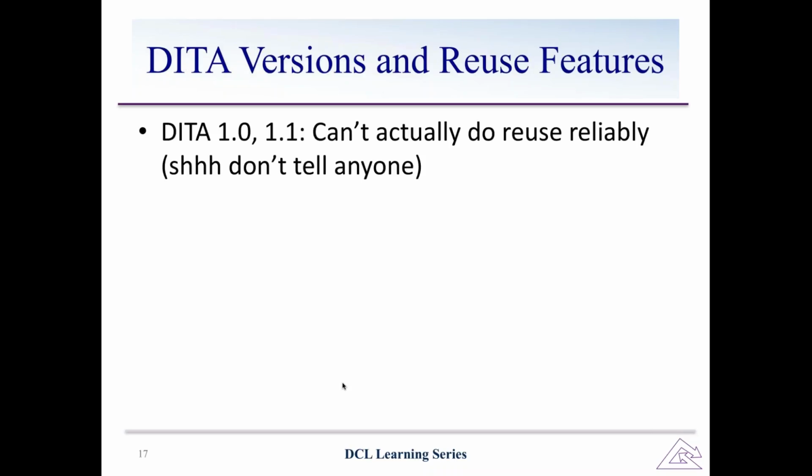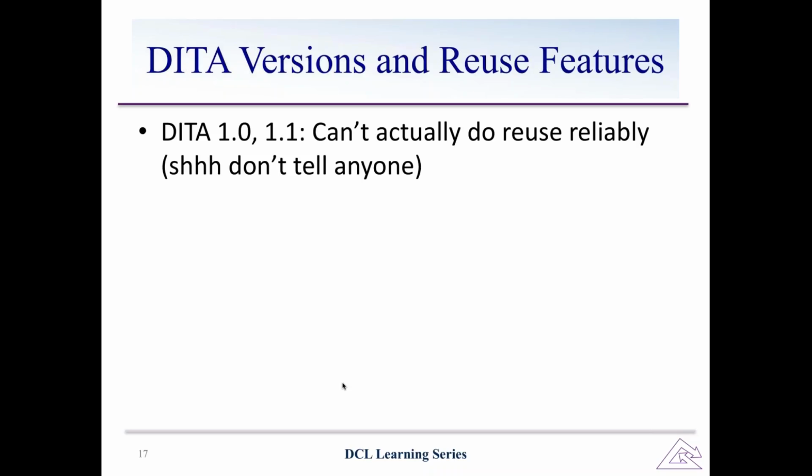So in DITA 1.0 and DITA 1.1, you can't actually do reuse reliably. And here, by reliably, I mean if the same topic is used twice, either in the same publication or in two different publications, and you want to have links from that topic to other places, there was no way in DITA 1.1 or 1.0 to actually author those links in a way that would reliably work.